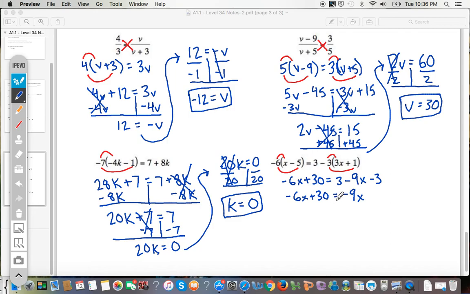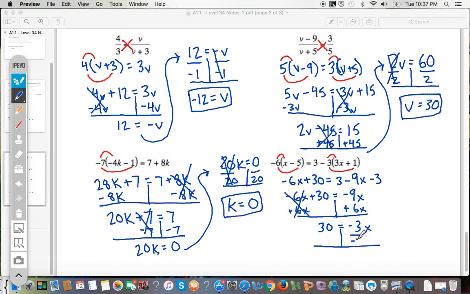Awesome. So, get my x. My x is all over on one side, so I'll add 6 over here. And add 6x over here. Okay. Negative 6x plus 6x, we know cancels. So we have 30 equals negative 9x plus 6x, which of course is negative 3x. Okay. One more t-chart.